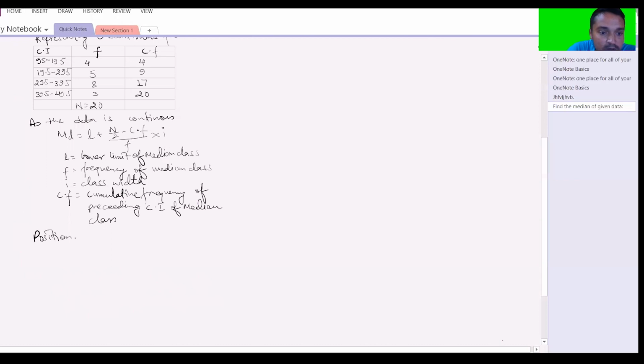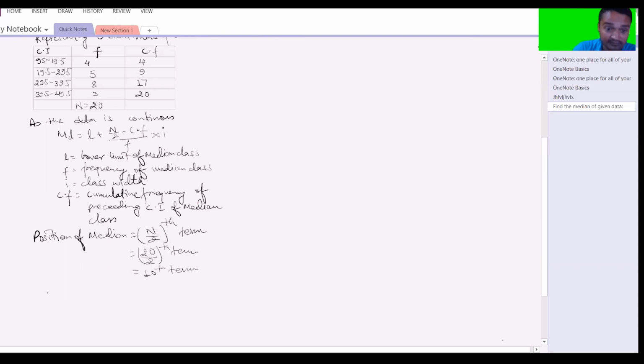The position of the median is calculated by using this procedure: n over 2 th term, and here it is 20 divided by 2, the 10th term.